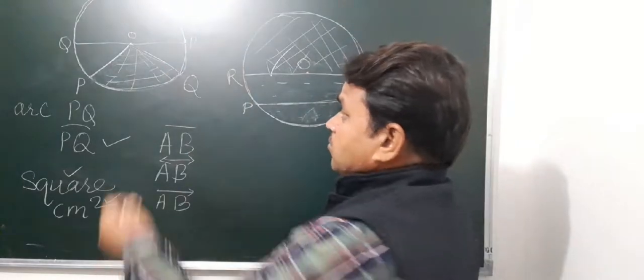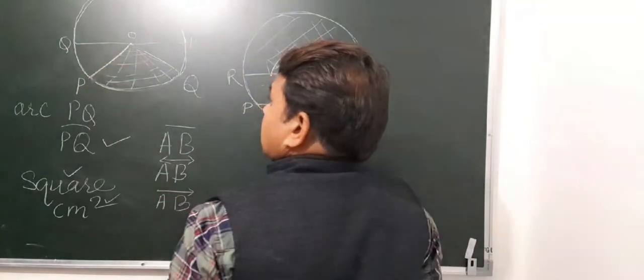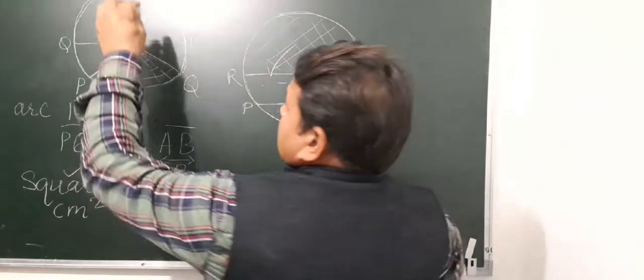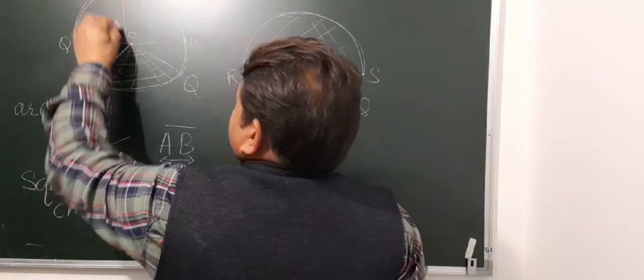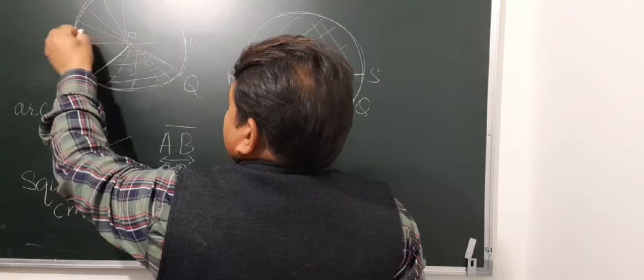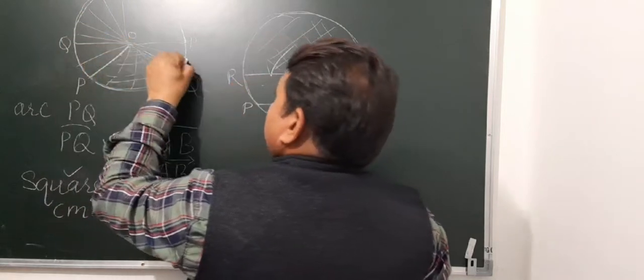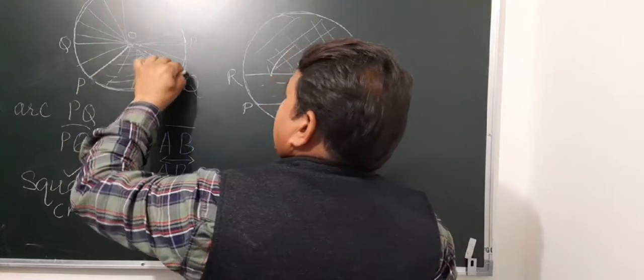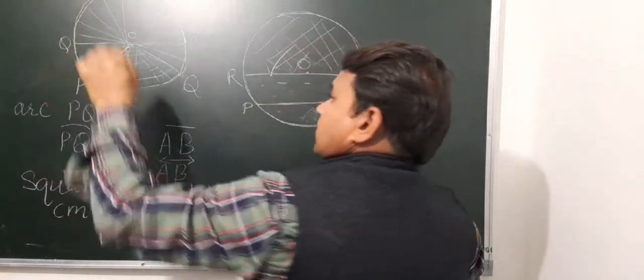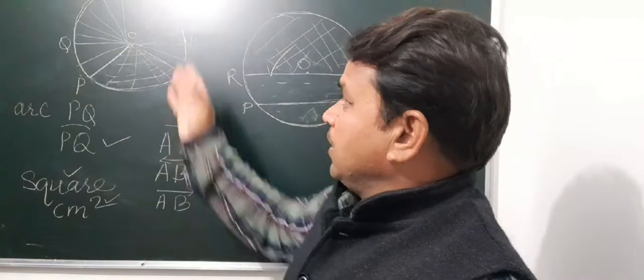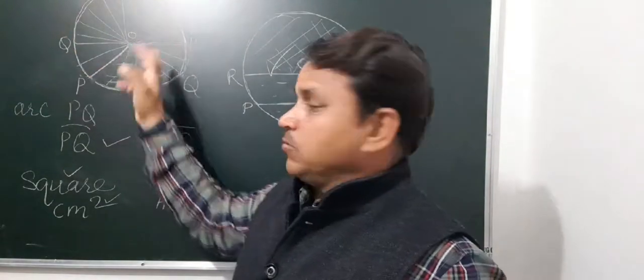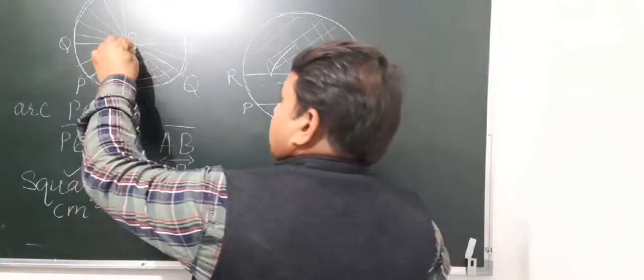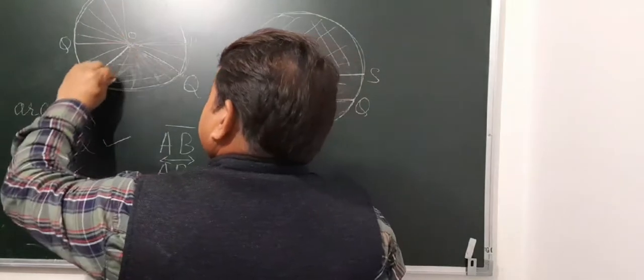Now this is not the only sector in this circle. At present you must not be seeing this one. This was another sector formed by the same two radii but a different arc. The arc is PQ. This sector has been formed by the major arc PQ. This sector has been formed by the minor arc PQ.